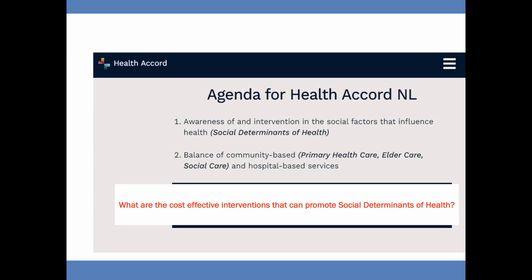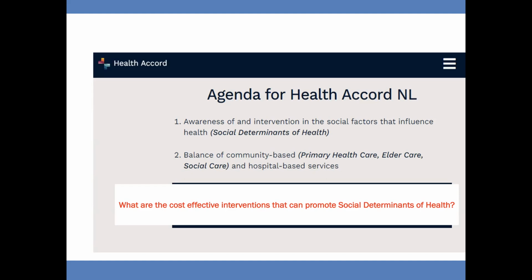But as soon as you're talking about trying to invest in these social areas, then the question arises. We need to identify effective and cost-effective interventions, right? That can promote social determinants. And therefore, you're going to need health economists to help you with this.